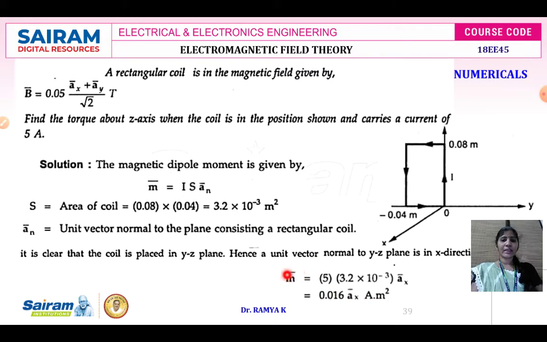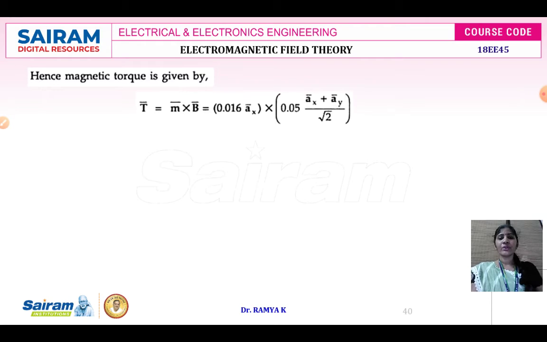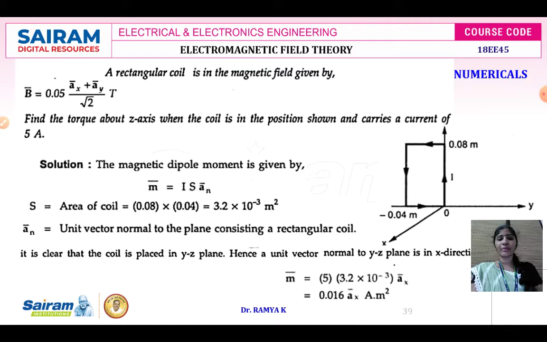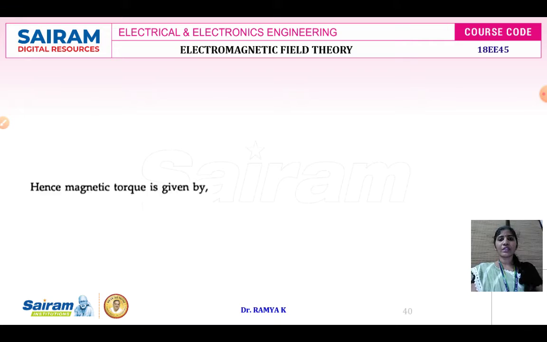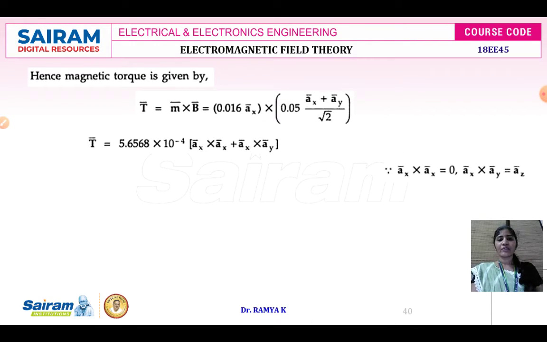The magnetic dipole moment m is I into S. But here they have asked you to identify the torque. Torque T is equal to m cross B. The magnetic dipole moment is 0.016, and it is multiplied with the magnetic flux density to produce the torque.